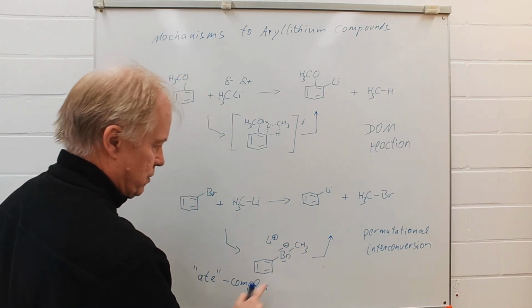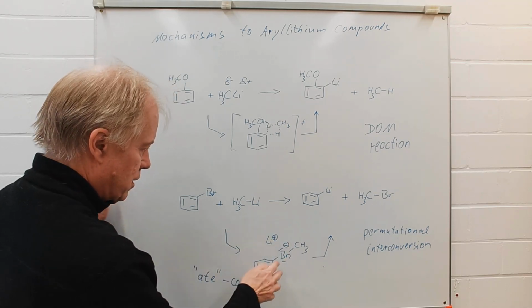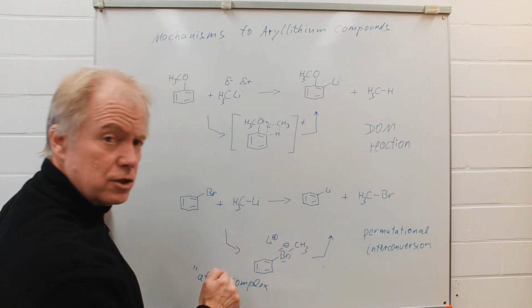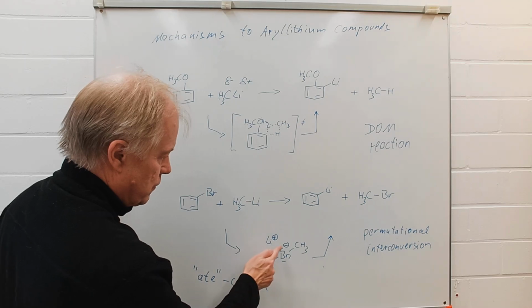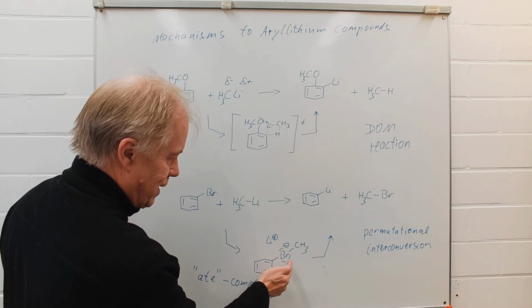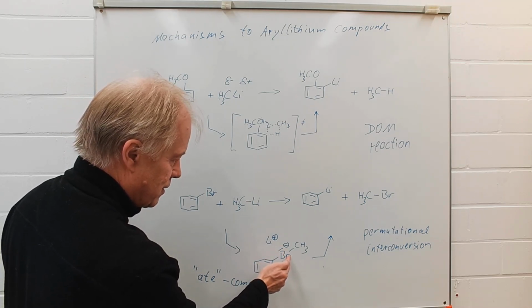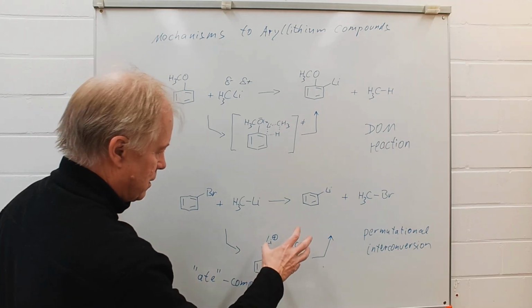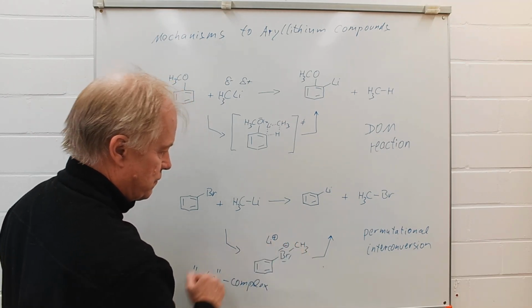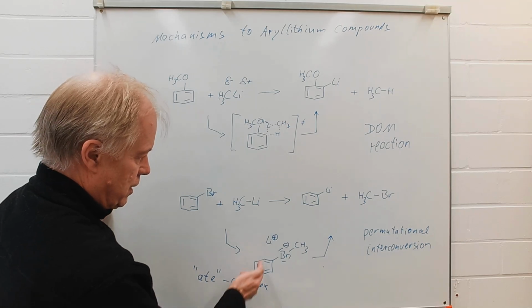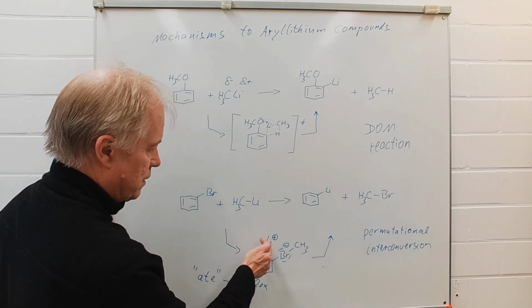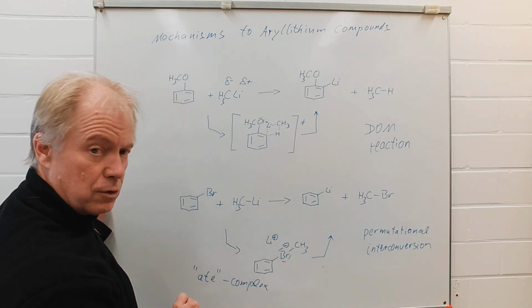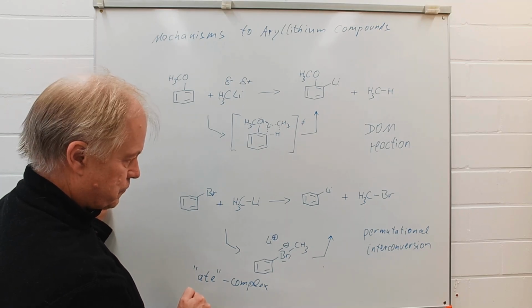Because of this negative charge, it has a linear geometry. The bromide has 3 free electron pairs, is the center of the negative charge, and here we have the lithium countercation.